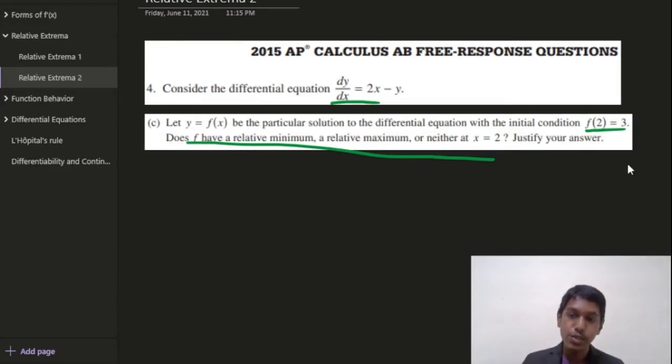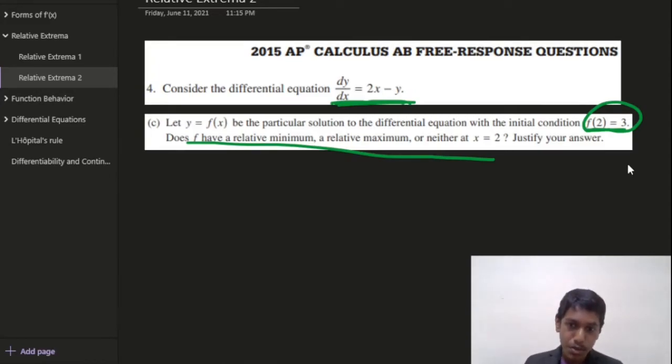They obviously give you the y value at x equals 2, but other than that, they don't give you anything. For those of you who know how to integrate a little bit, this is not a separable differential equation, so this will be impossible to solve for right now. So we're going to look at the second derivative test.